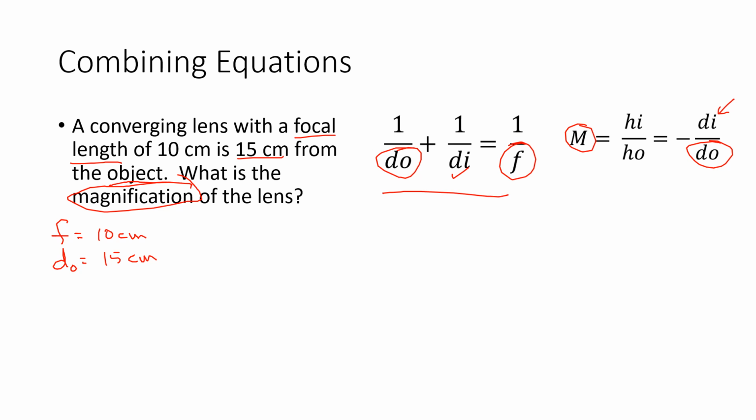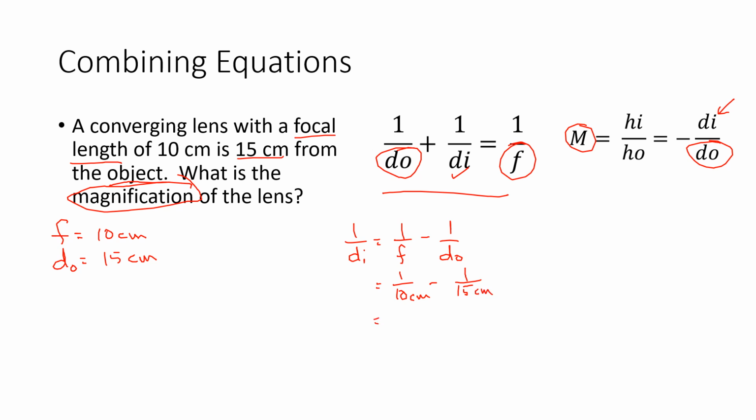So we want 1 over di equals 1 over f minus 1 over do. So 1 over f is 1 over 10 centimeters minus 1 over 15 centimeters.